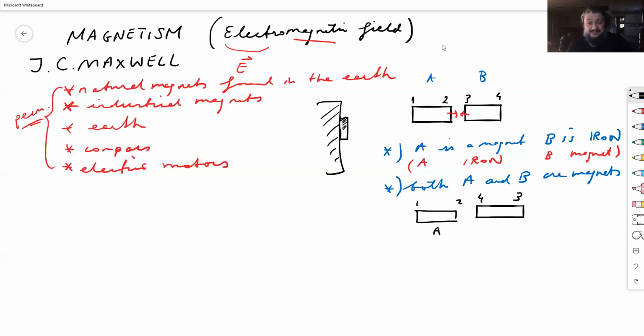Now, if they still attract each other, then only one of them is a magnet, okay? But if they repel each other, this means the forces are pointing in this direction, then this tells us that both are magnets.